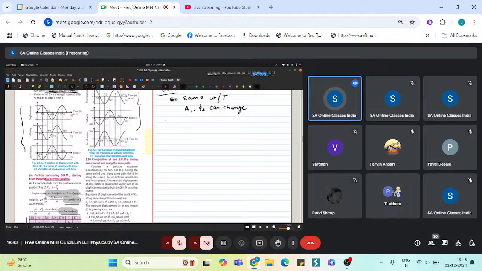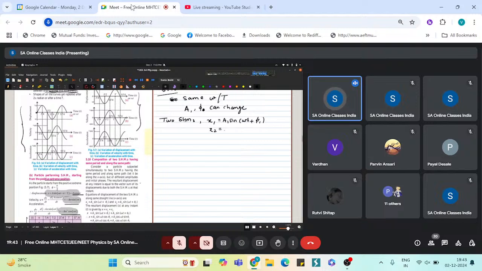And we can now just consider two SHMs, which we can write as x1 is equal to A1 sin(omega t plus phi 1). So A1 is the amplitude of the first SHM, and phi 1 is the phase difference in the first SHM.